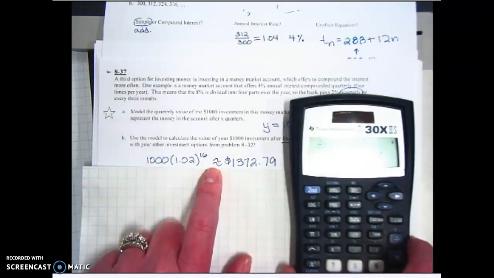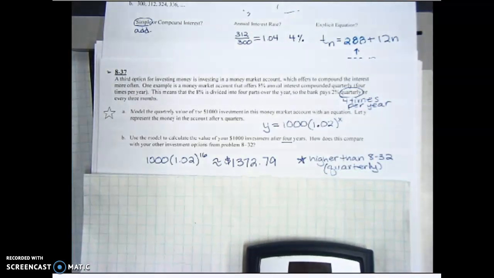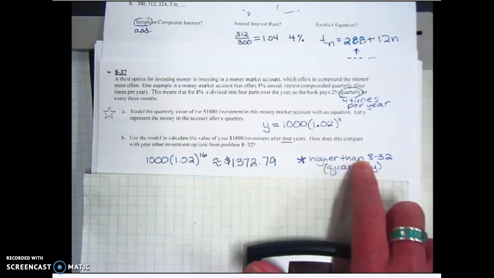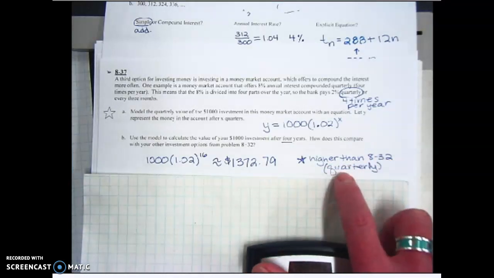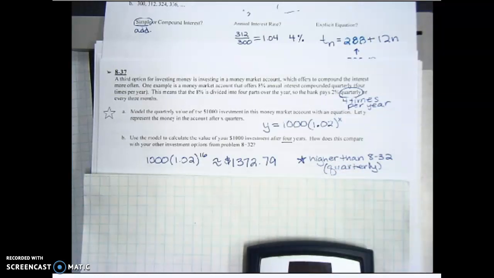I'm just going to round it to the nearest penny. And they want to know, how does this answer compare with what we got yesterday? It's going to be higher than the one from yesterday because it's calculated quarterly, not just yearly, even though it ends up being the same percent. 2% 4 times a year is 8%, but if it's calculated more often, then it's going to end up being more.